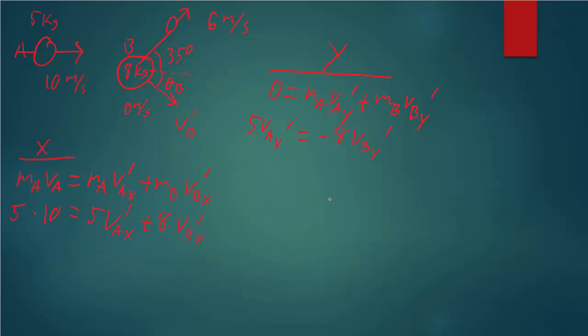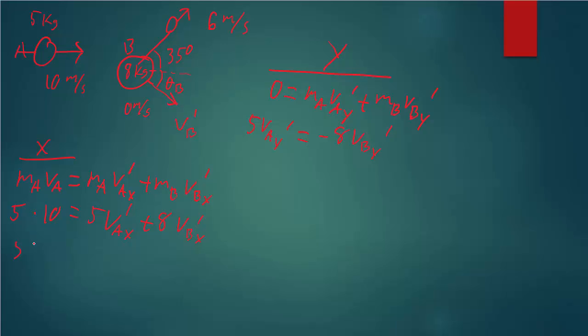Okay, now if you notice here, we've got a couple of equations and a couple of unknowns. Well, we've got more than a couple. I've got 4 unknowns here, for each of these components. So one approach is to write all of these in trig form, and that will look something like this.